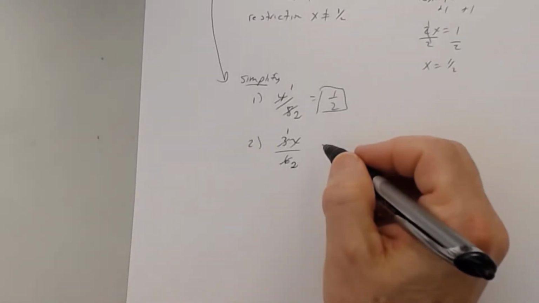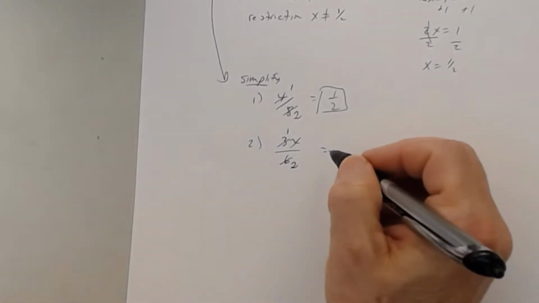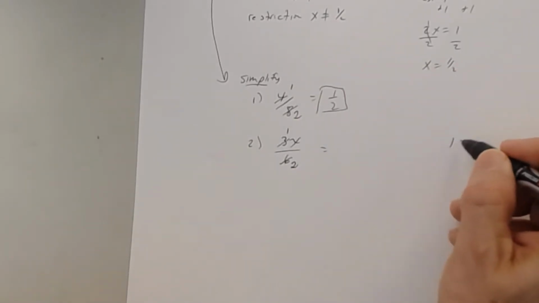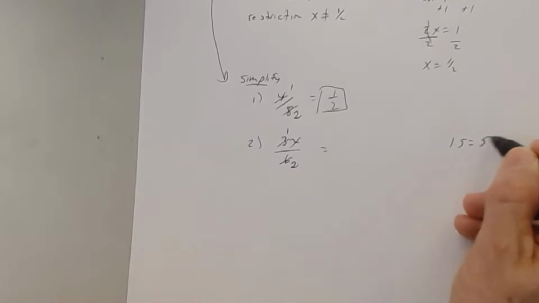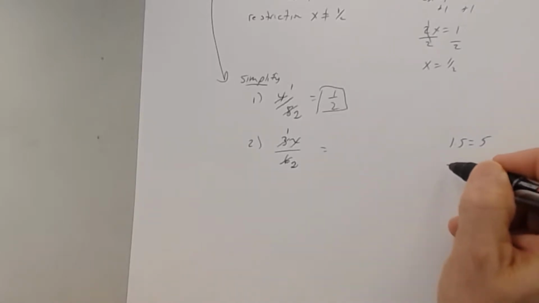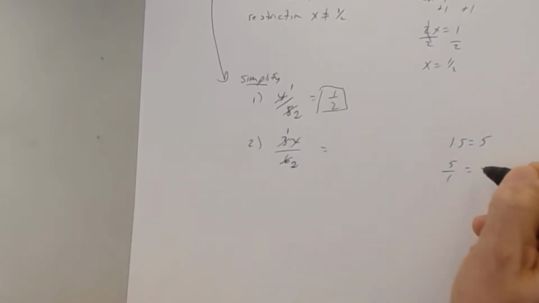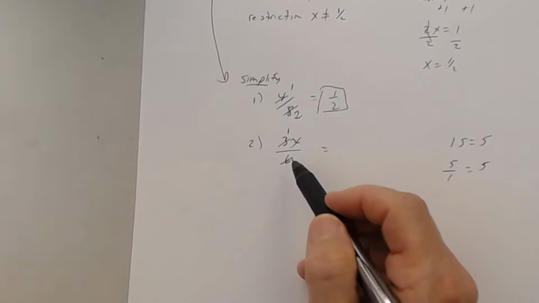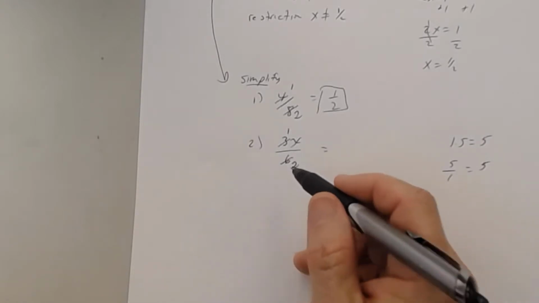Now let me tell you how to write the answer. So I expect you to know that something like 1 times 5 is what? 5. 5 divided by 1 is what? 5. So you need to know those things. So when I say 1 times x, I need for you to know that that is just what?